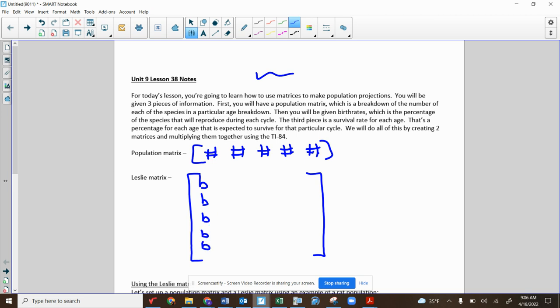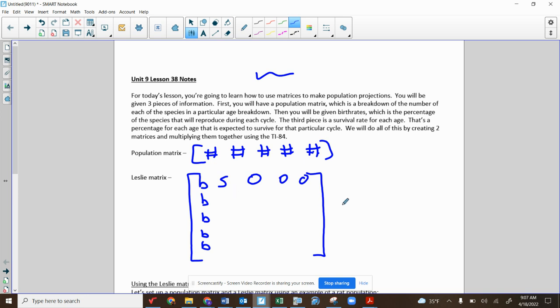And the survival rates are going to start right next to this one and then go on a diagonal, with everything else being zeros. So because I have 5 numbers going down, I'm going to have 5 numbers going across. So here's 1, 2, 3, 4, and 5.